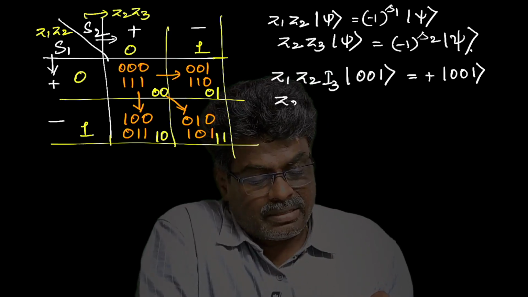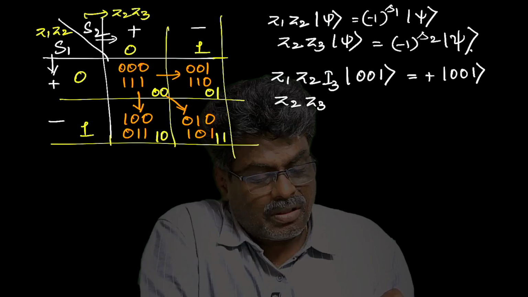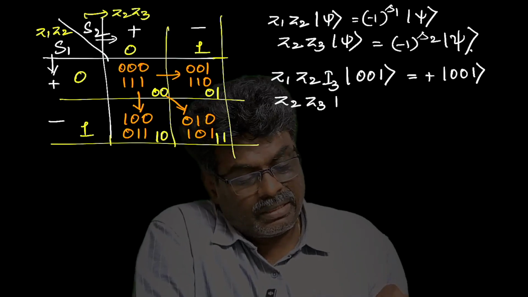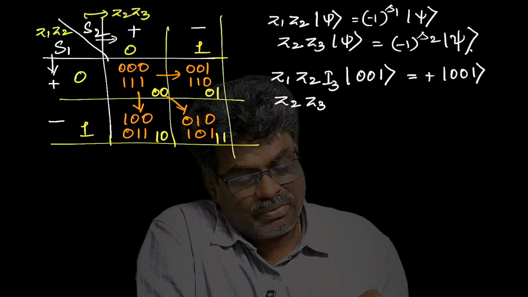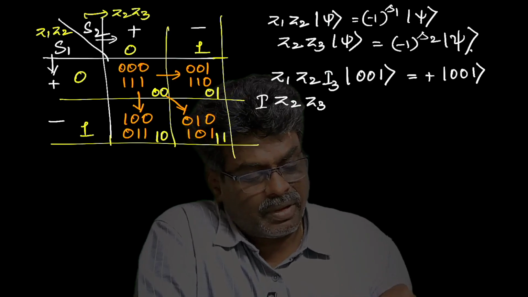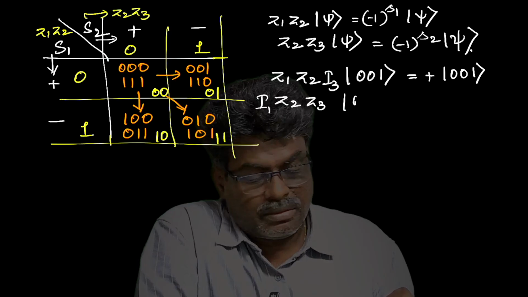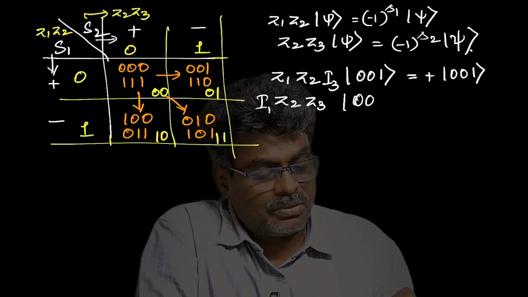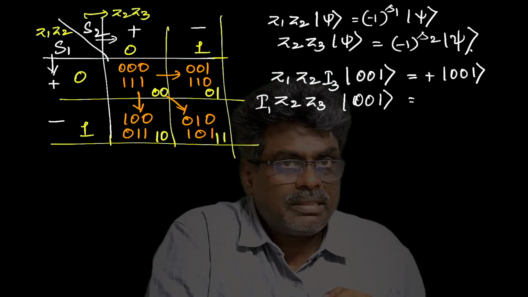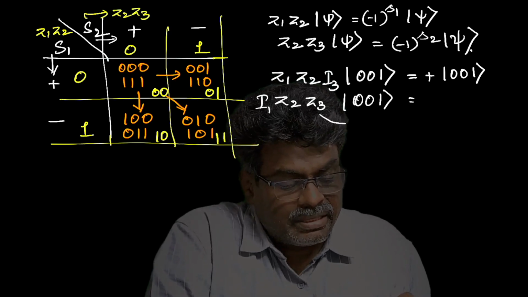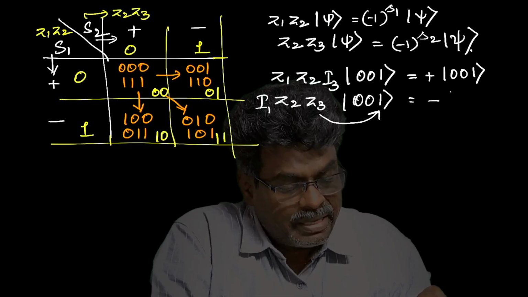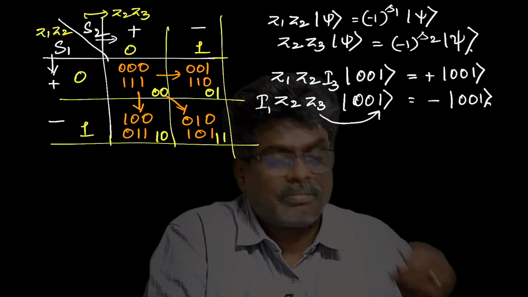But if you take Z2, Z3, and what about the first one? First one is nothing but I1, we can say, 0, 0, 1. But in this case, if you observe carefully, Z3 operates on this 1, you will get minus parity 0, 0, 1.